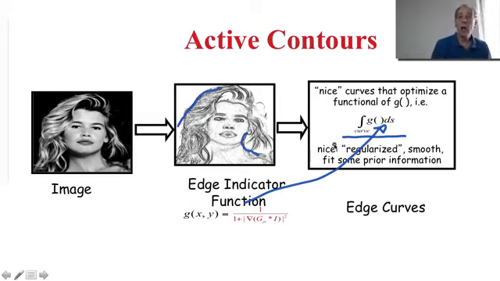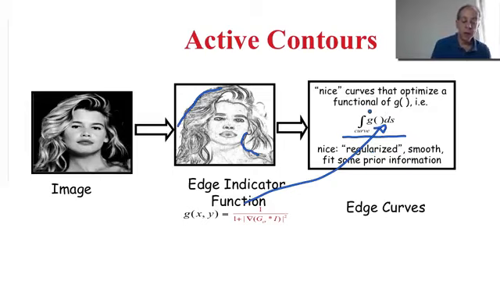We are looking for curves that are what are called curves of minimal effort or shortest path in this space. We do calculus of variations and we get a curve deformation that moves the curve towards the minima of this function. Again, sometimes just a local minima.